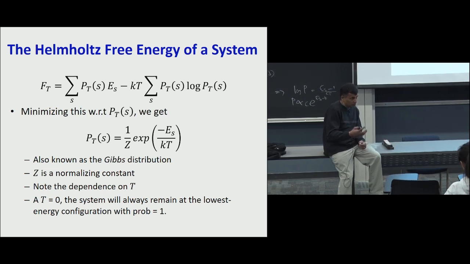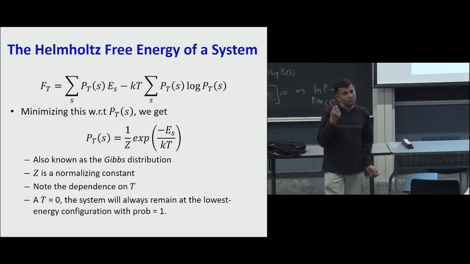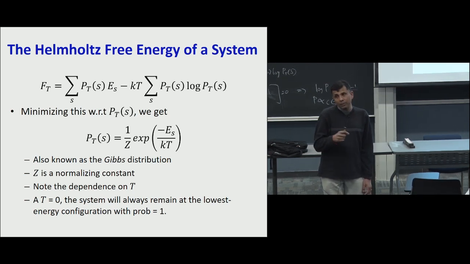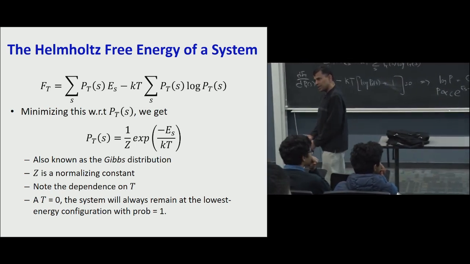at equilibrium, the system is going to keep bouncing between different states with this probability distribution. Eventually, when the temperature becomes 0, the system is going to be in only one state, which is the minimum energy state, right? So only when the temperature is 0 Kelvin is the system completely stable at the minimum energy state.